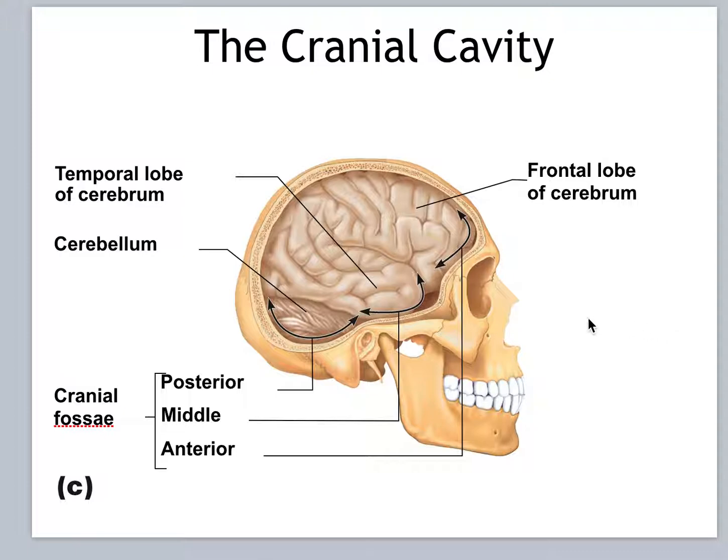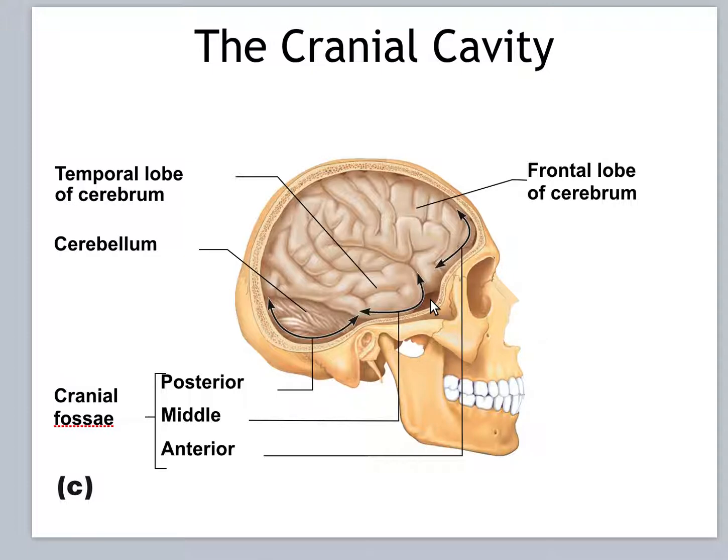The cranial cavity you see here, this is the brain, and we haven't discussed the brain yet, but this is the cerebrum of the brain, this is the cerebellum of the brain, and these soft tissue parts of the brain are filling up these areas, these fossa of the cranial cavity. Fossa, as you recall from the last lecture, are depressions that are in bone to accommodate soft tissue.